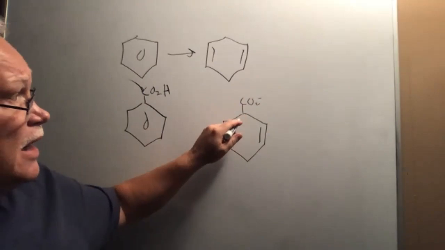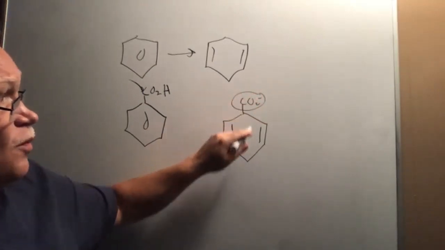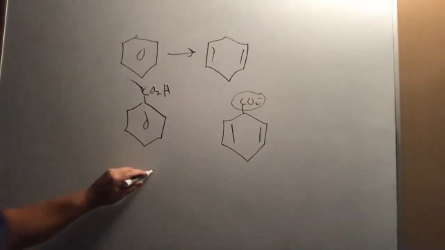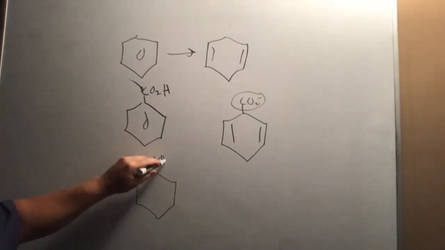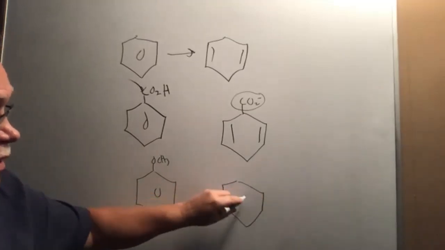Notice that in this case, the deactivating group is not on one of the double bonds. But if it's an activating group on the ring, notice the product is this.